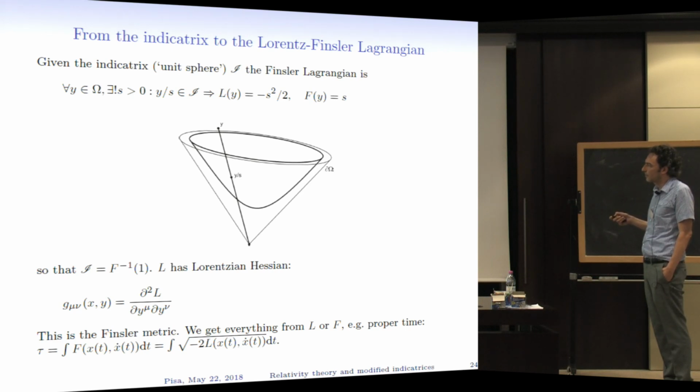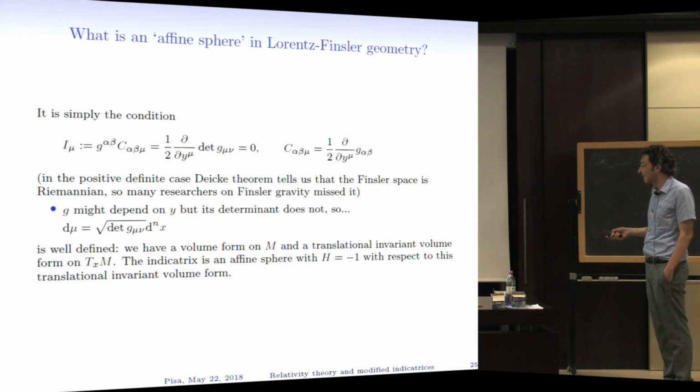How? Well, you pick a point y, you find that constant s, such that y over s brings you to the indicatrix, and you define F equal to s. In this way, L, which is F squared over 2, has Lorentzian Hessian. And this is the Finsler metric. So we can treat it as a Lorentz-Finsler.